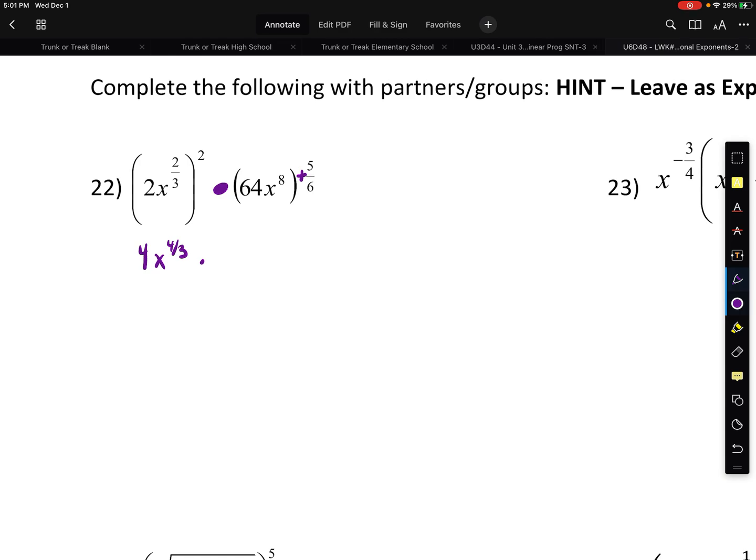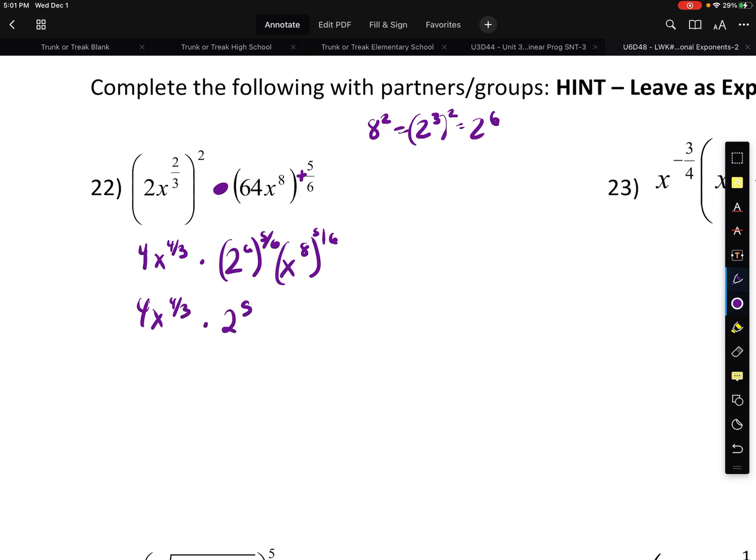A little strange. Well, 64 is 8 squared, 2 cubed squared. 64 is 2 to the 6. So I have 2 to the 6 raised to the 5/6, and then I got x to the 8th raised to the 5/6. All right, so 4x to the 4/3. This gives me 2 to the 5th.